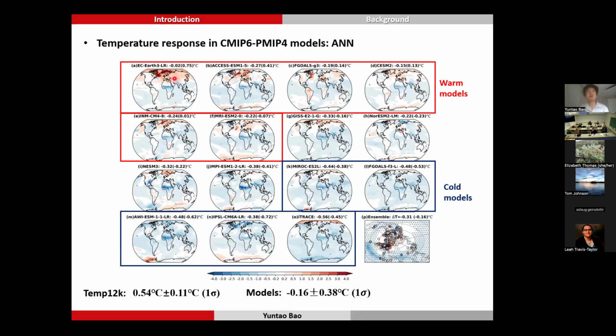The warming averaged over the proxy sites gives us 0.7 degrees, compared to about 0.5 in the proxies.